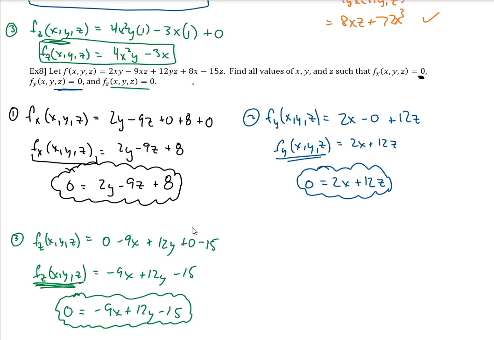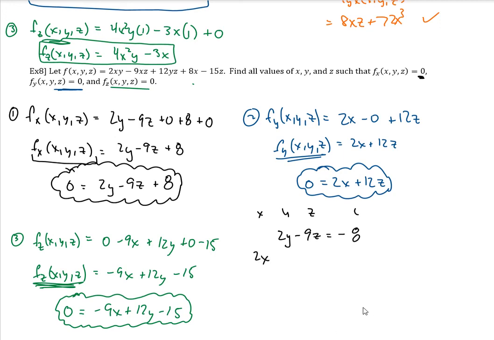Okay, so on this first one, if I were to subtract the 8 over, it would become 2y minus 9z equals negative 8. And then on this one, it's already ready, but here's my x, y, z, and constant is how I'm setting it up. So on this, I've got 2x.